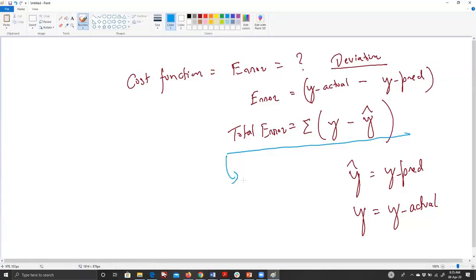So let's say we go with MSE for now. What is MSE? Mean squared error. Very good. Now MSE can be 0 or positive only. Agree?